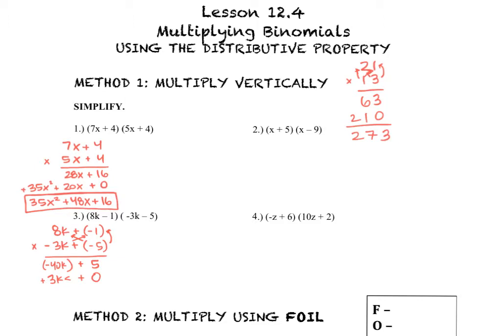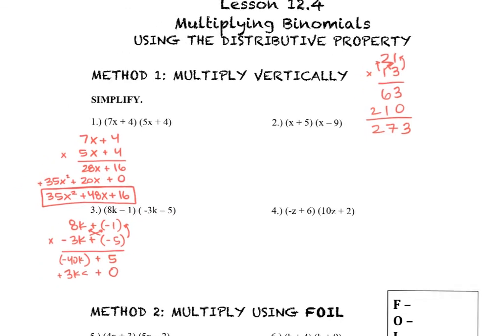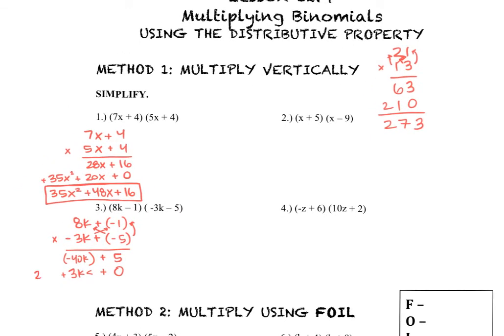And then I have -3k times 8k, and so that gives me -24k squared. Be careful with those negative signs and with the variables.